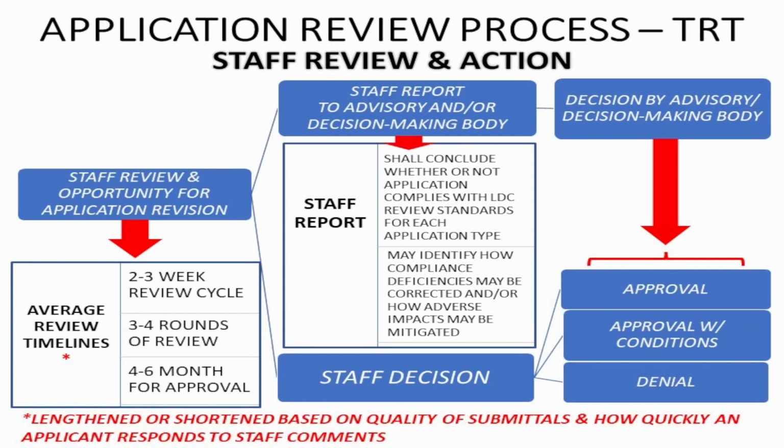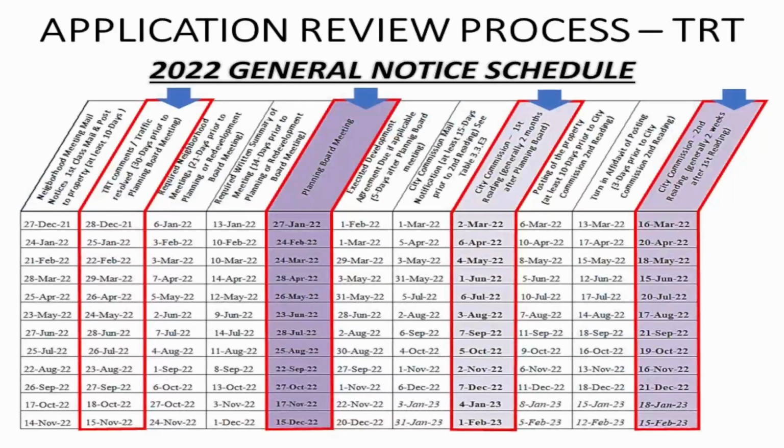So I wanted to show you all the general notice schedule that we provide to applicants with their development review application packet. If you look at the far left column that's been highlighted, that identifies to applicants when their outstanding comments have to be resolved in order to proceed to the public hearings.